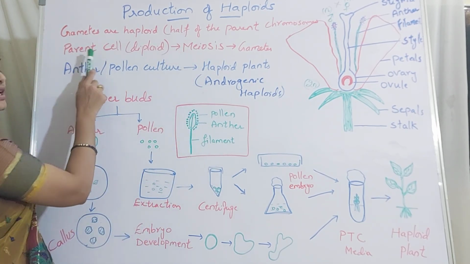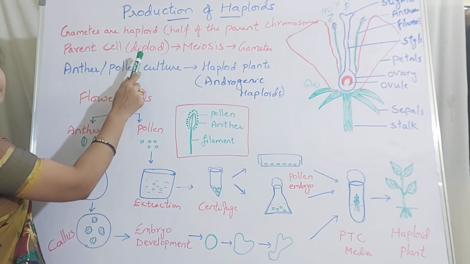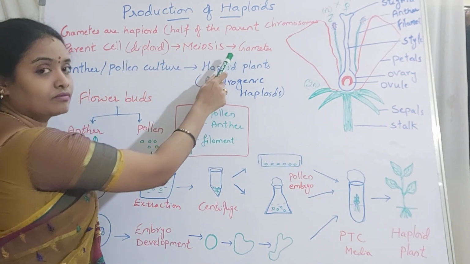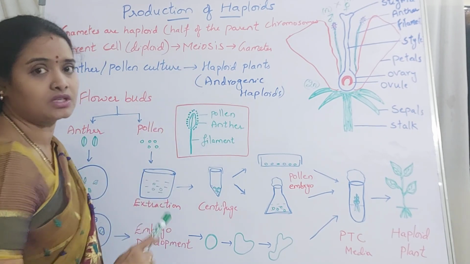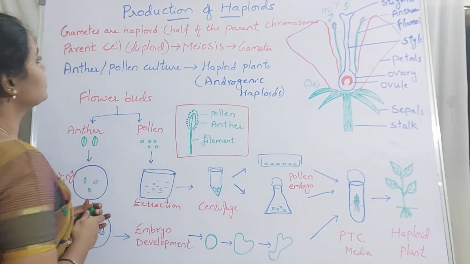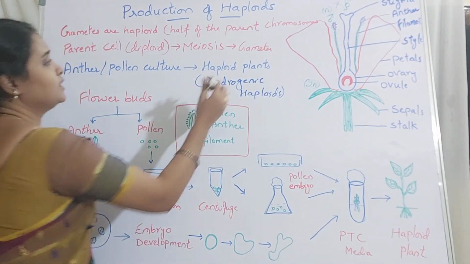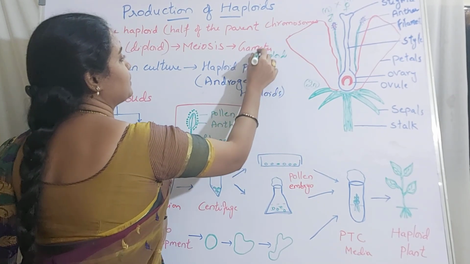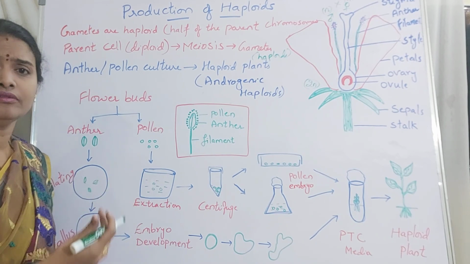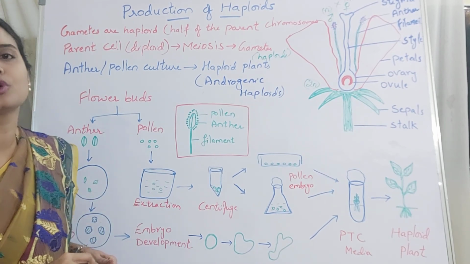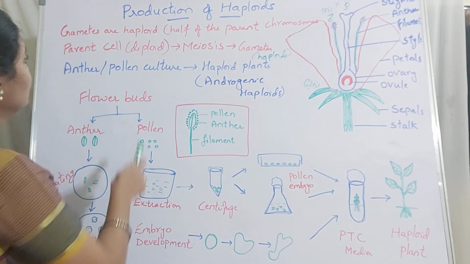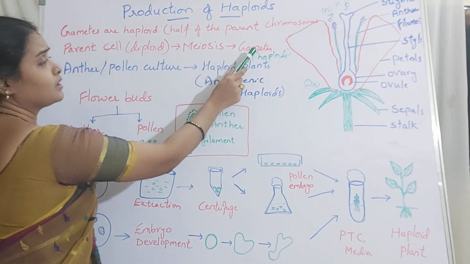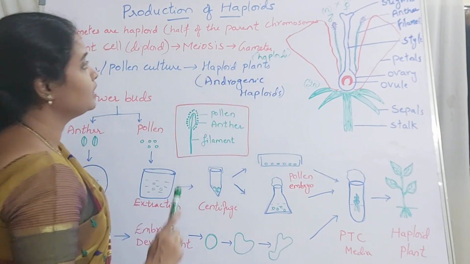So the parent cells, though they are diploid, will produce the gametes by means of meiotic division, and the diploid will become the haploid gametes. Now these haploid gametes fuse to give rise to a diploid progeny, right? So in this case, when the gametes are produced, they are diploid.